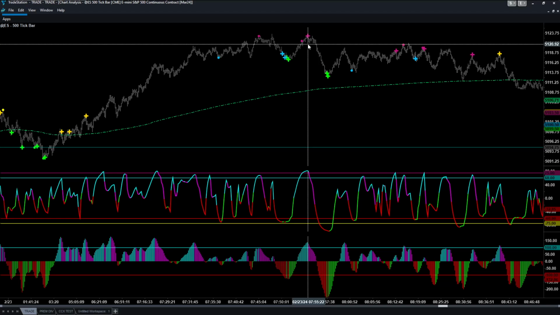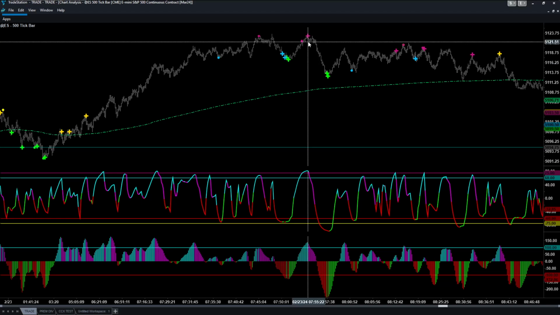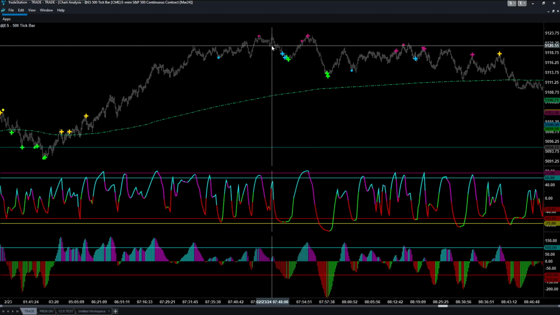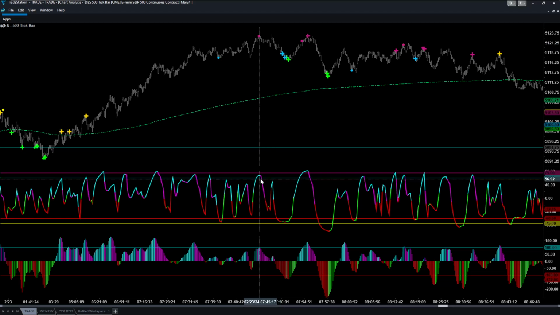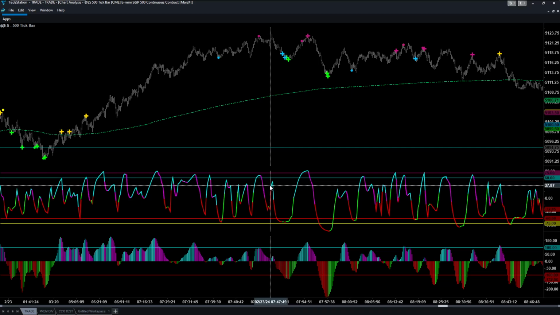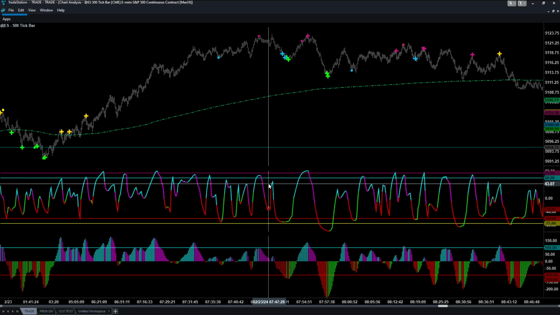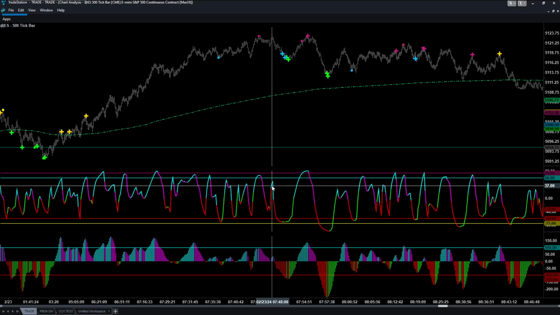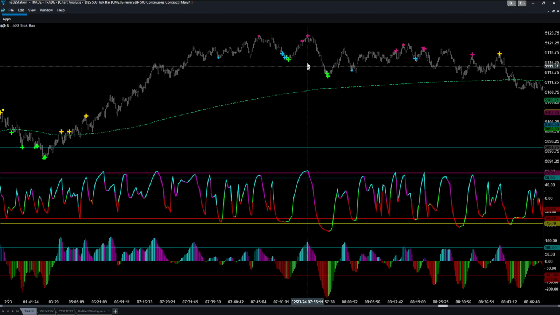Now, what is it? If we get a new high here and a lower high here on the indicator, and by the way, these are the RSX Dyna here in subgraph 2 and the CCX in subgraph 3. A lower high and a higher high is regular divergence.